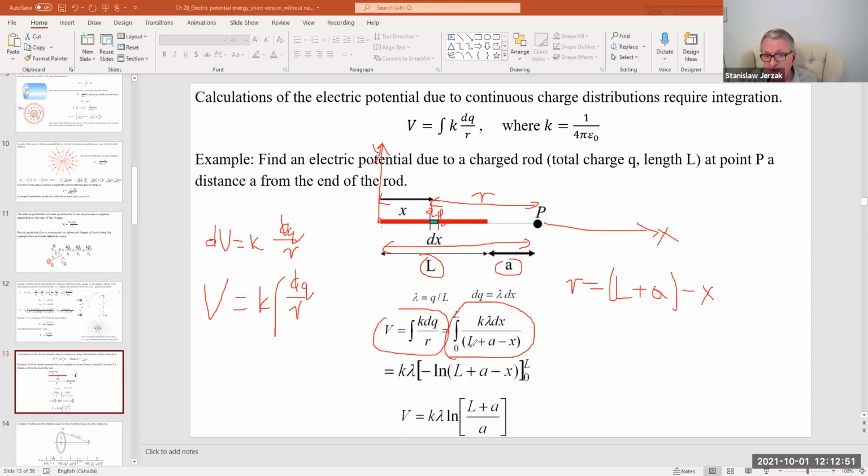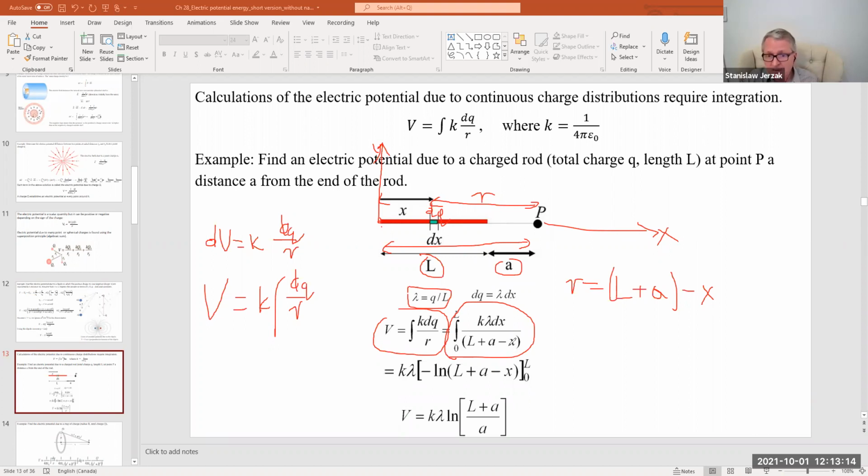Right? I substitute for R, L plus a minus x, and instead of dq, I have written lambda times dx, because if we designate that linear charge density lambda is q divided by L, then dq would be lambda times dx, as we did many times in previous lectures.